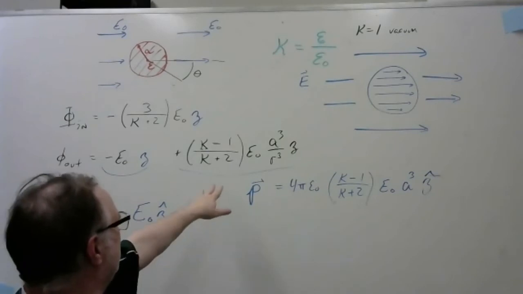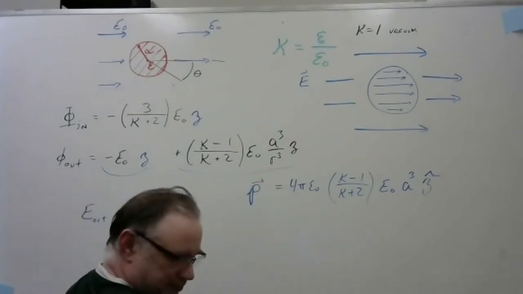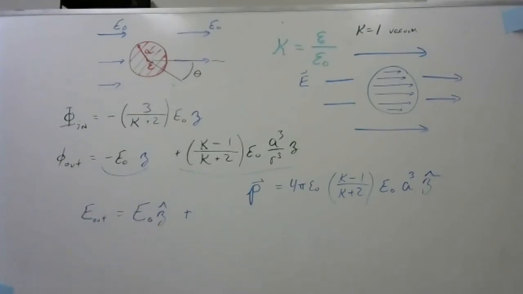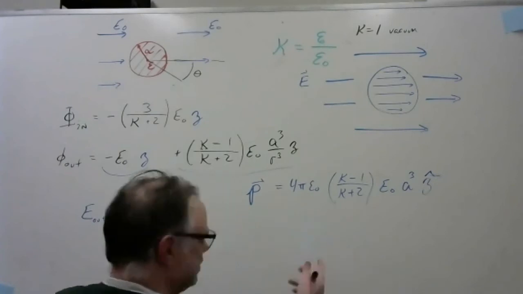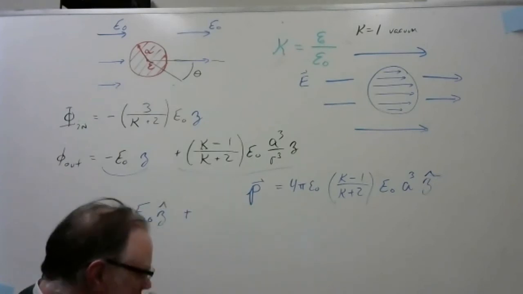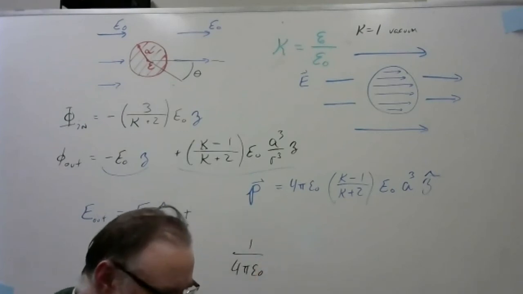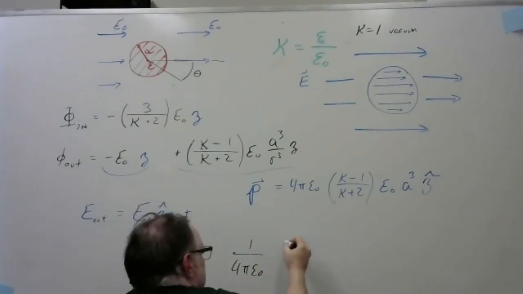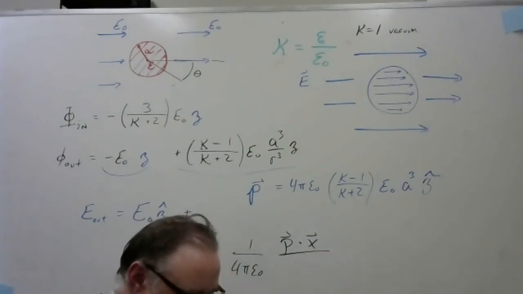Looking back at equation 4.10, I'm comparing this to 1 over 4 pi epsilon naught, p dot x vector divided by r cubed.